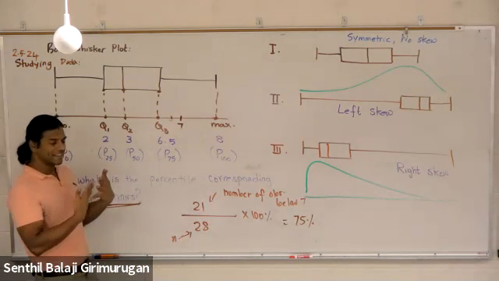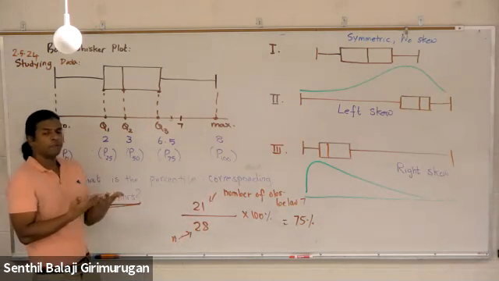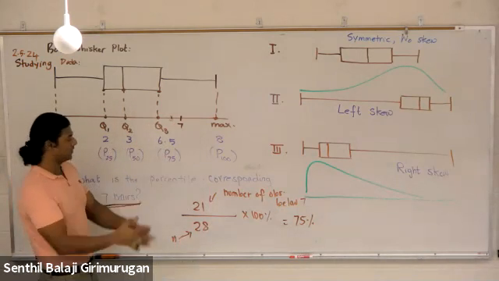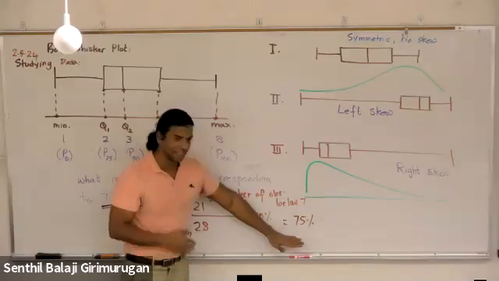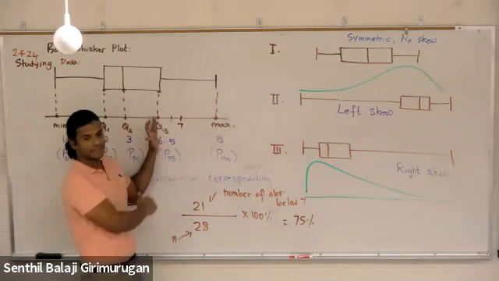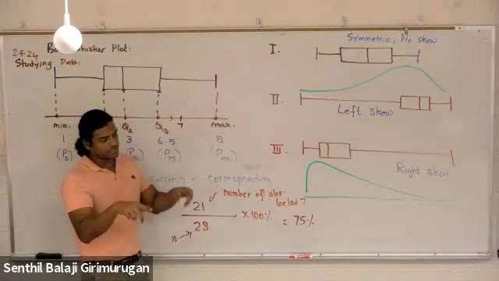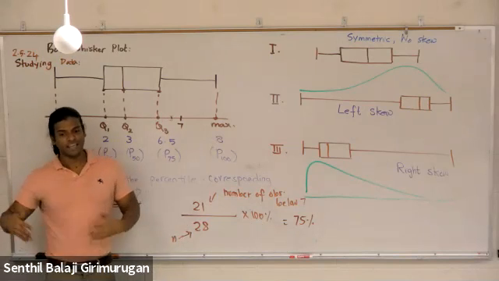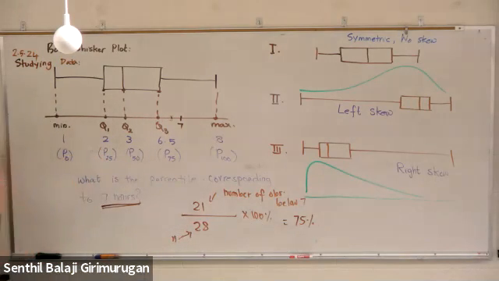So our initial guess was perhaps P80. But because of the nature of the data, we landed at P75. But still, it's somewhere here. So when you do a problem like this, understand it prior to even putting the answer in. Are we clear? Okay.